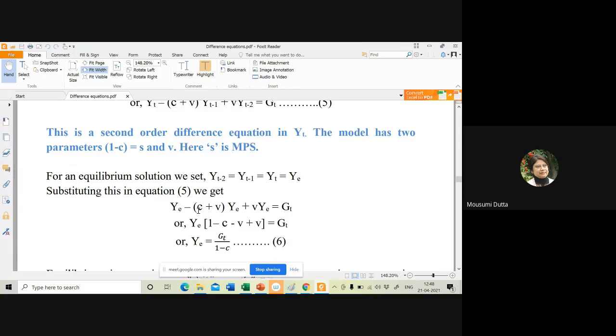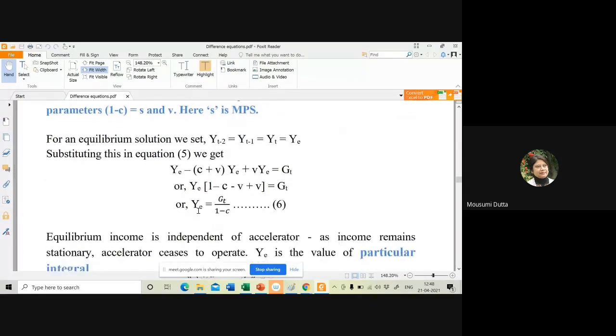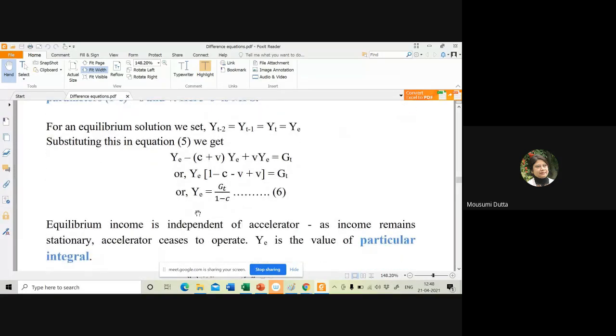Call it equation number 6. Equilibrium income is independent of accelerator. As income remains stationary, accelerator ceases to operate.